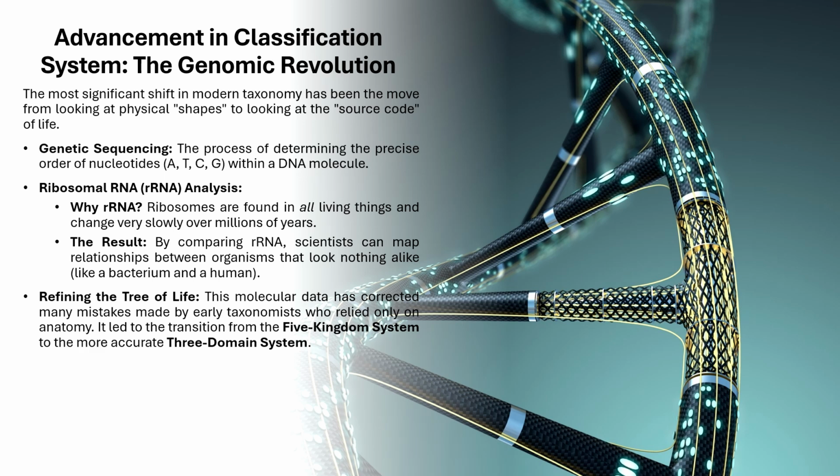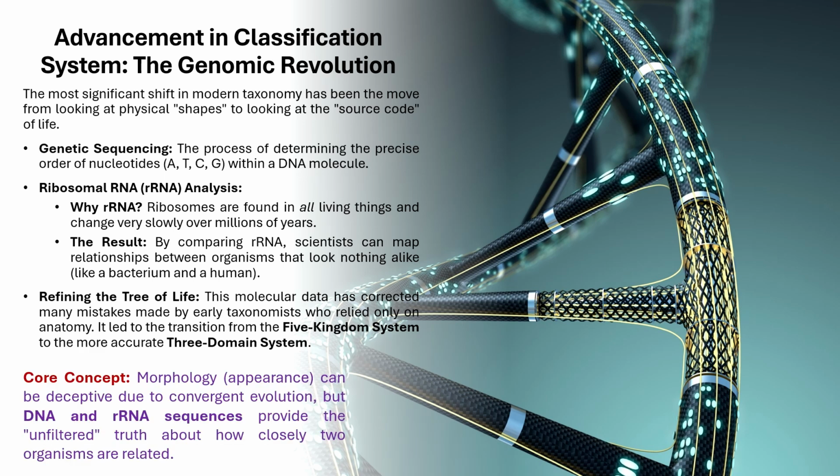This molecular data has corrected many mistakes made by early taxonomists who relied only on anatomy. It eventually led us to move beyond the five kingdom system to the even broader and more accurate three domain system.